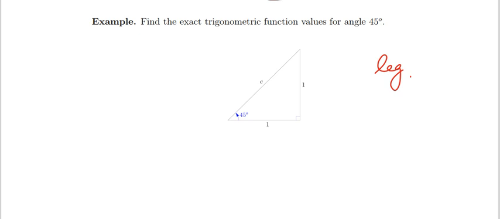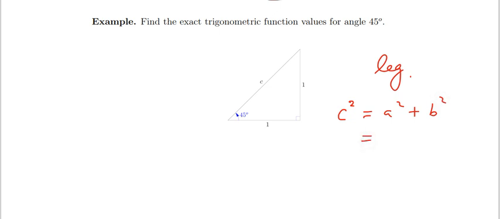If this one is 1, what is c? This is the hypotenuse, so we just use a square plus b square equals c square, or c square equals a square plus b square. We can plug in here.